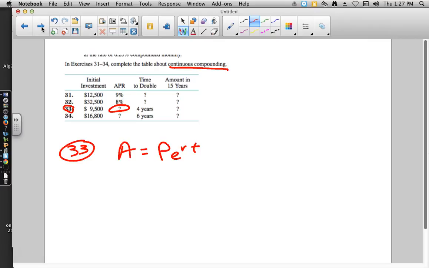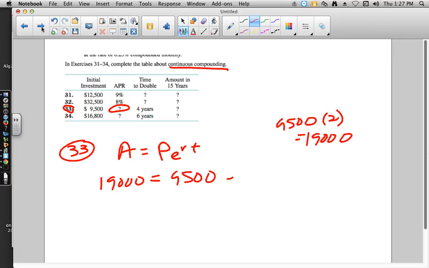So now what do we know? Well, we know the initial investment was $9,500 and it doubled, so what's 9,500 times 2? Well, it's 19,000. So we're going to have $19,000, started with 9,500, don't know the interest rate, but we know that it took 4 years. So now, we would divide both sides by 9,500.